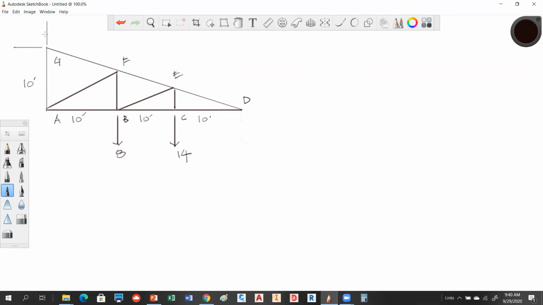So which way do we want to react these? Vertical, up or down? Want to go up or we want to go down with it? I'd say down to the left. Down and to the left. So you want to go like this? Yeah. Okay. So that's my reactions.